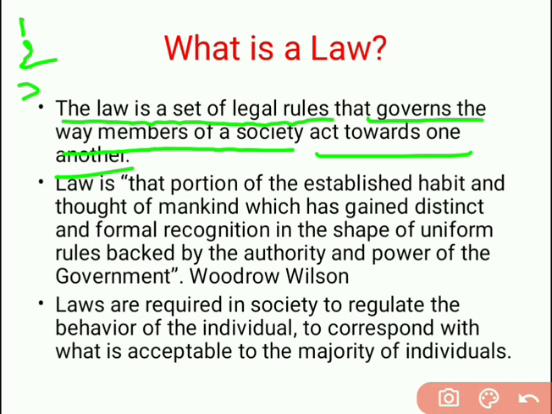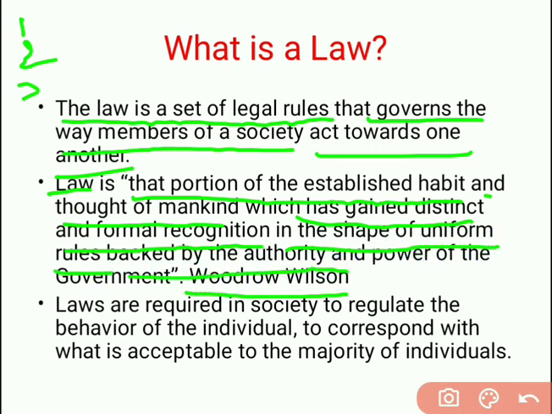Another meaning is given as per the definition of Woodrow Wilson. He says law is that portion of the established habit and thought of mankind which has gained distinct and formal recognition in the shape of uniform rules backed by the authority and power of the government.